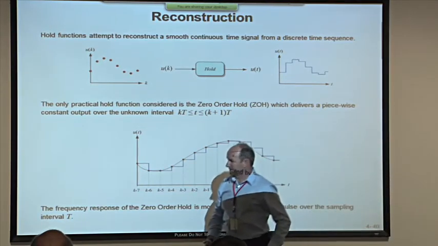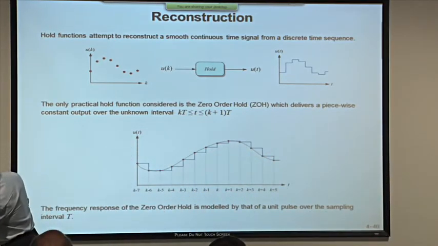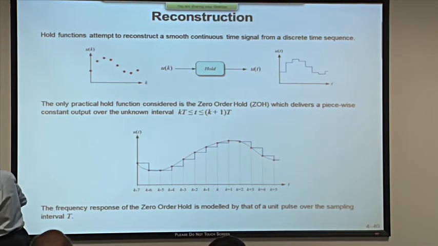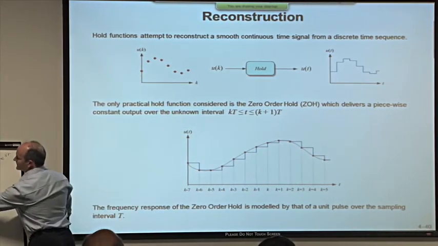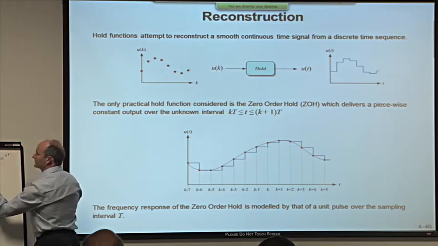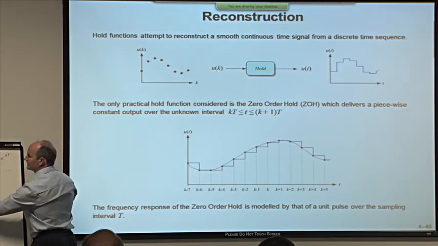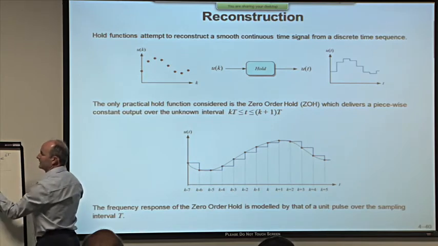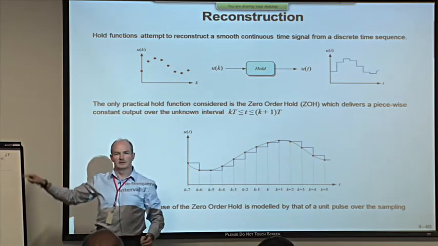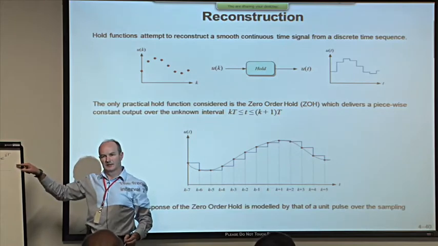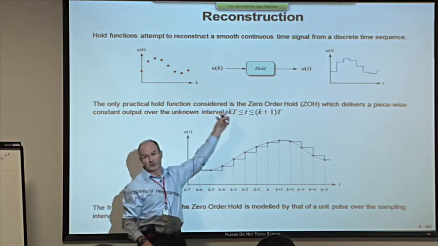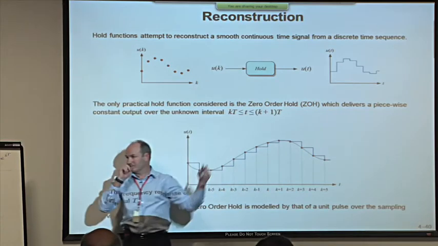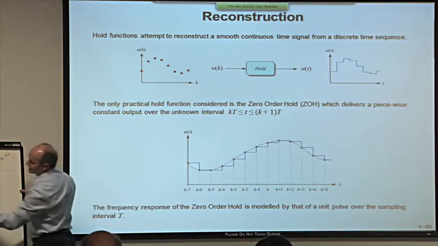Now, I say, though I may be wrong, that the frequency response of this thing is equivalent to the frequency response of a signal which goes from 0 to 1 at time t equals 0, that's 1, that's 0, and back to 0 at time t equals T. This signal has a frequency response, and it's very similar to the frequency response of the zero-order hold unit.